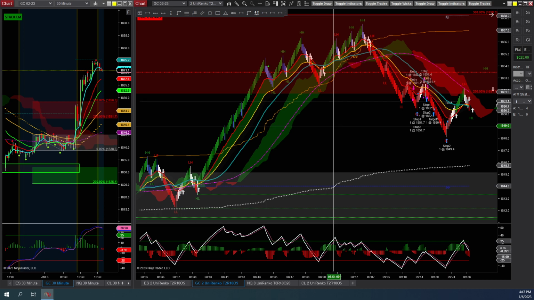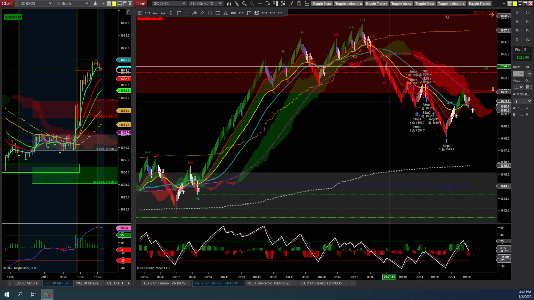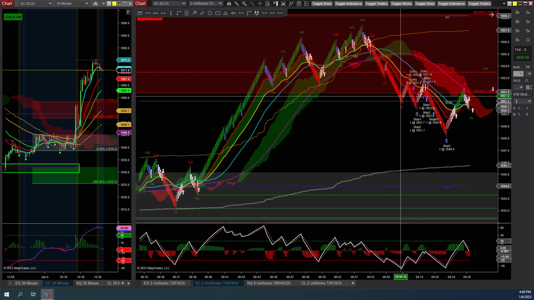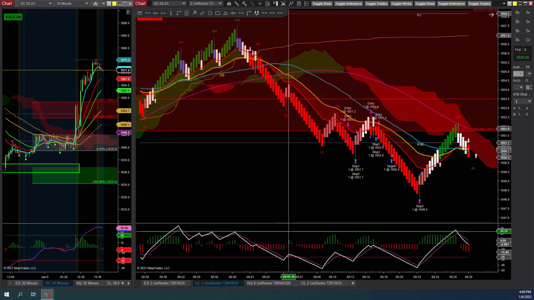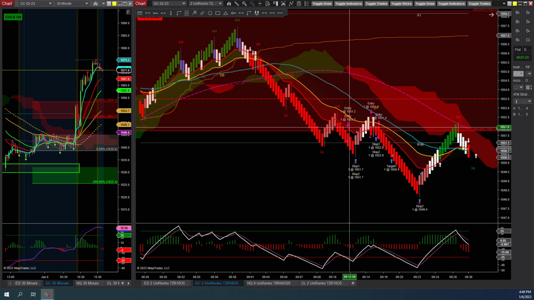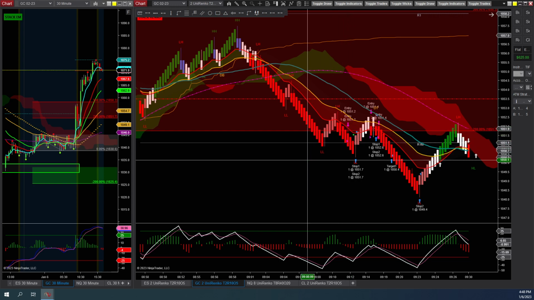Then the market went to this red area here, which is an overbought area, and I was expecting, as I said, that the market was going to come down to this area here, which it never did, but it crossed below this area here. So I was looking for a breakout there, and if you see here, there's a wick out of the moving average.